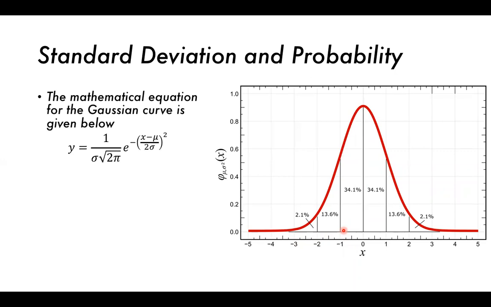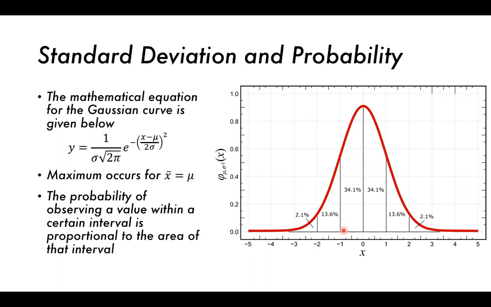So that's the equation for a Gaussian curve. You can use that to fit your data if you have data that would be fit well with a Gaussian curve. If not, you can also utilize various software packages that can do that for you. The maximum of this curve occurs whenever the mean is approximately equal to the true mean for the value.